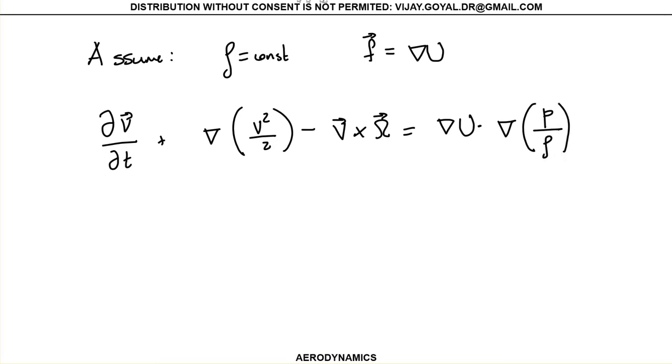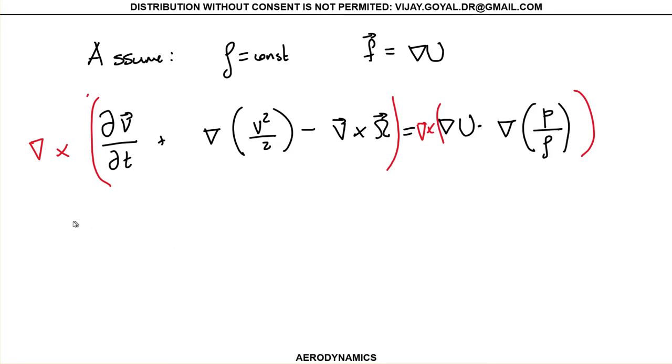Okay, so now what we can do is take this equation and take, on both sides, the cross product with the gradient. And let's see what happens.